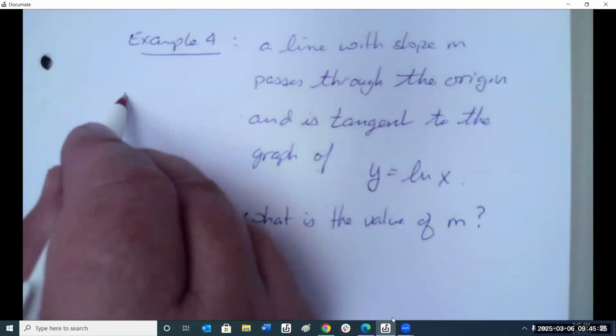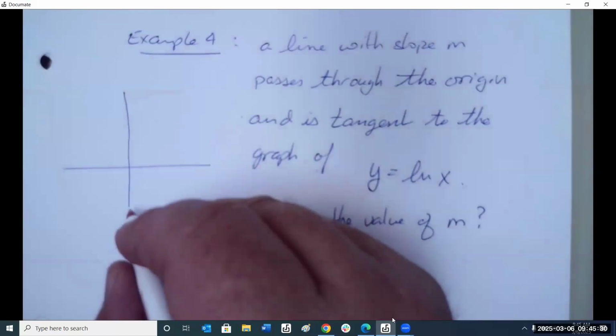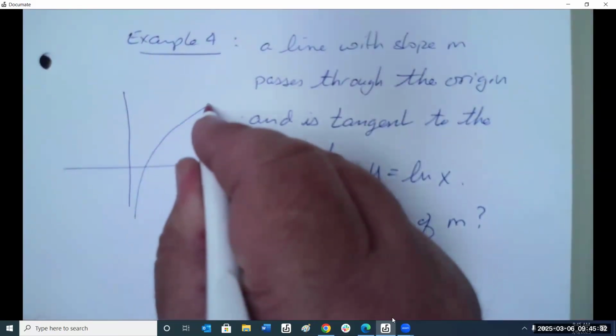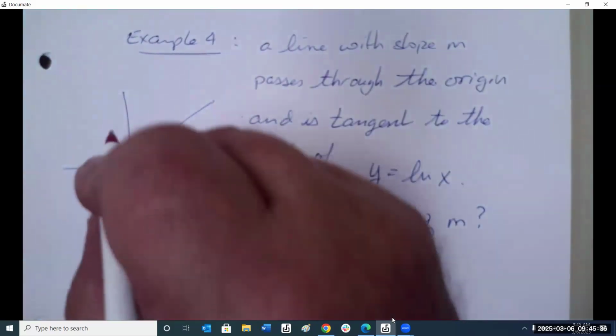Okay, so let's look at this. The graph of ln x looks like this. It passes through 1.